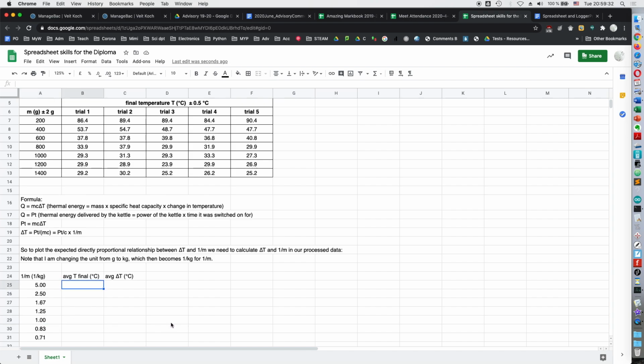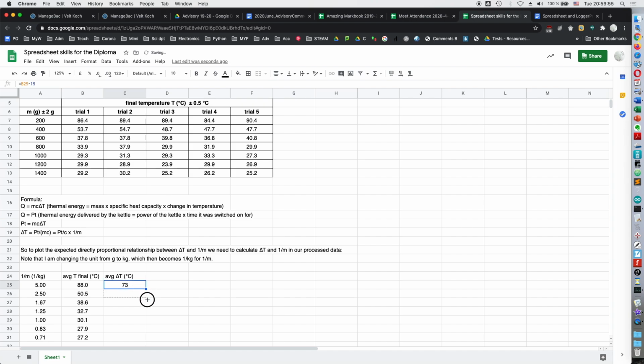Now my average final temperature, here I just put in equals average, and then you take the values, highlight them here, and enter, and then you just go into the bottom right corner, drag it down, and then you want to actually find the change in temperature. That was the final temperature minus the 15 degrees.